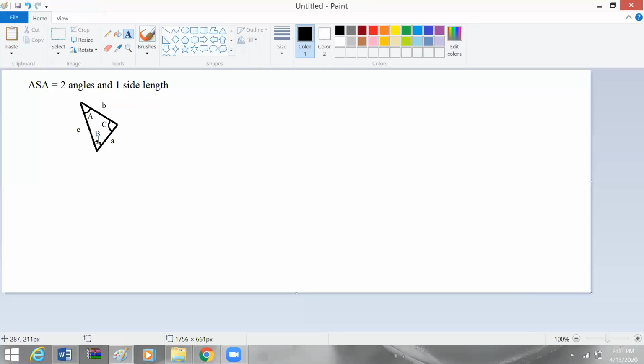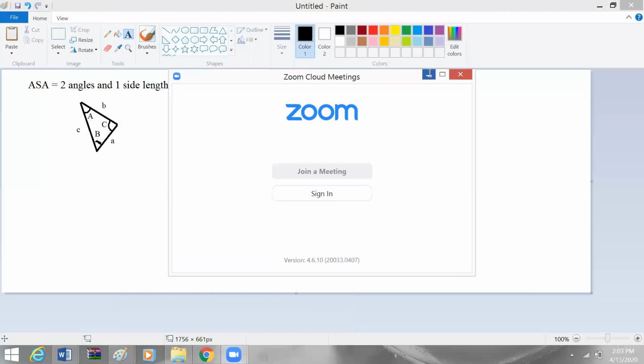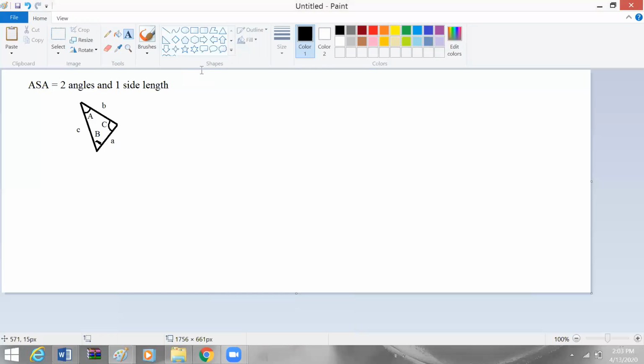Let's say the angle B, the opposite side length for that we call the small b. The angle C, the opposite side length we call c. And the angle A, the opposite side length would be a. It's really important that we utilize that in the questions.